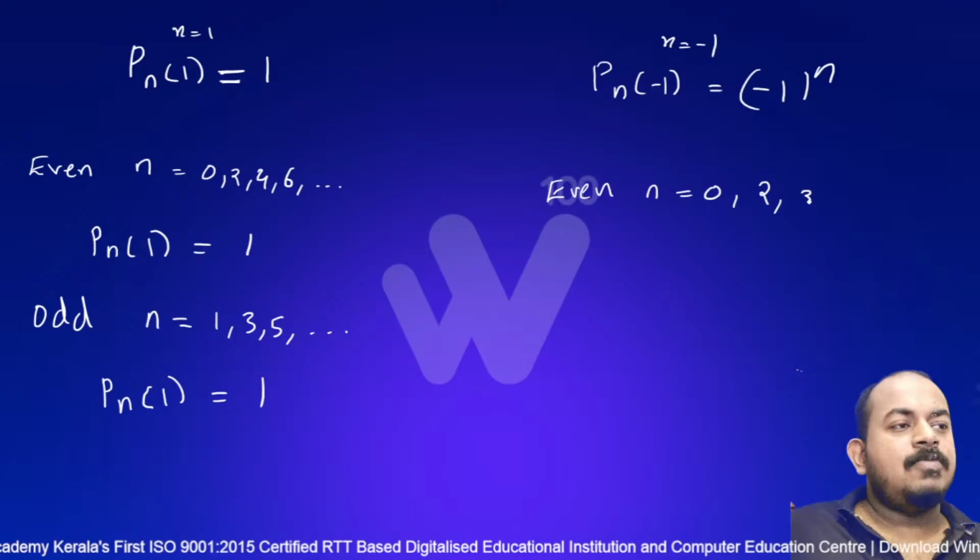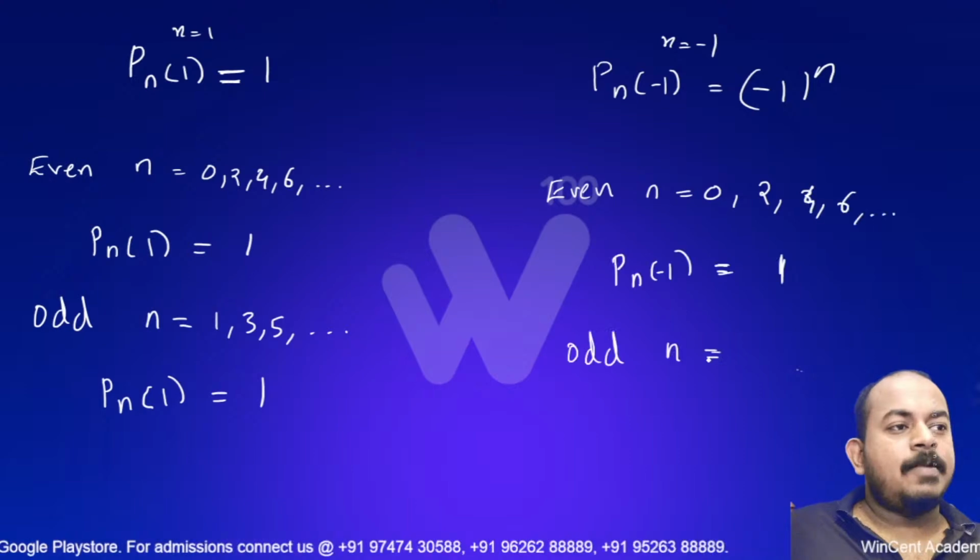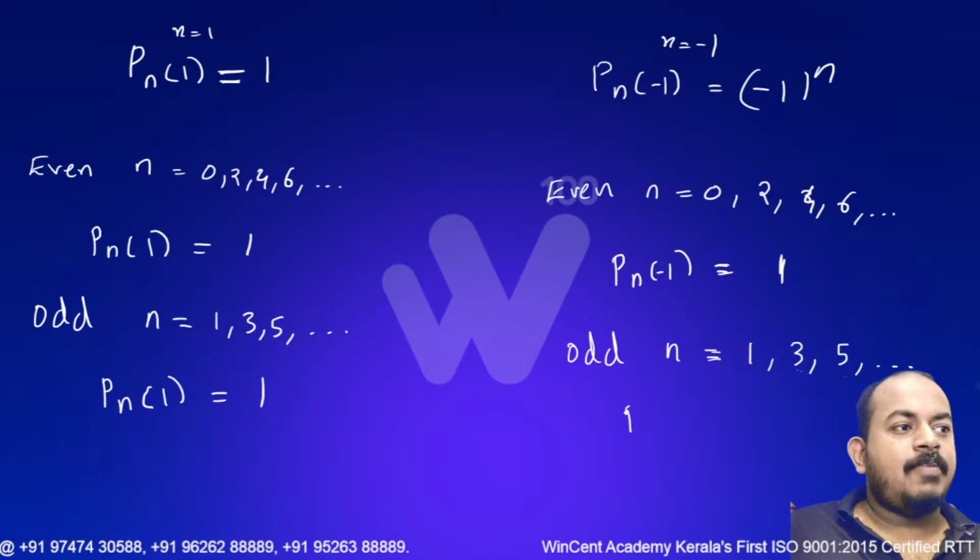And for odd n, this is 1, 3, 5, and so on, Pn of minus 1 equals minus 1. So far we came across these things and we have to remember them.